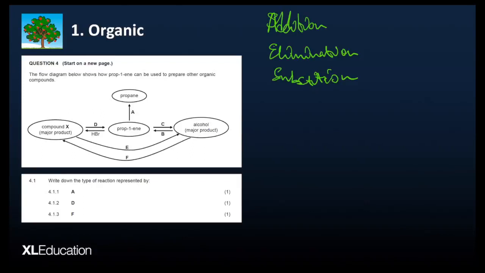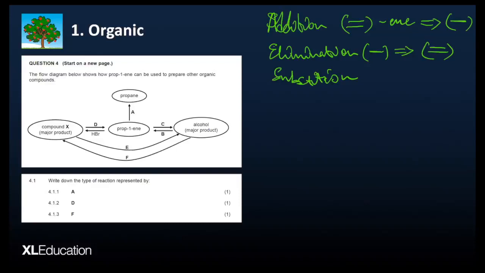Right, addition only happens to molecules that contain a double bond, or molecules with a name that ends with an ENE and nothing else. That is the good thing. Right, these molecules react to produce molecules with only a single bond. The opposite of addition, that is elimination, is where we have saturated molecules reacting to give us unsaturated molecules.